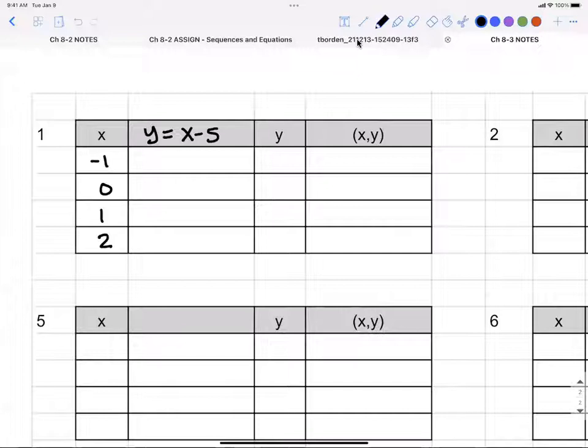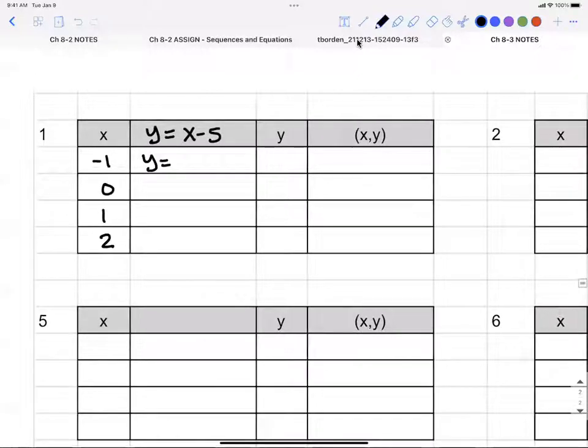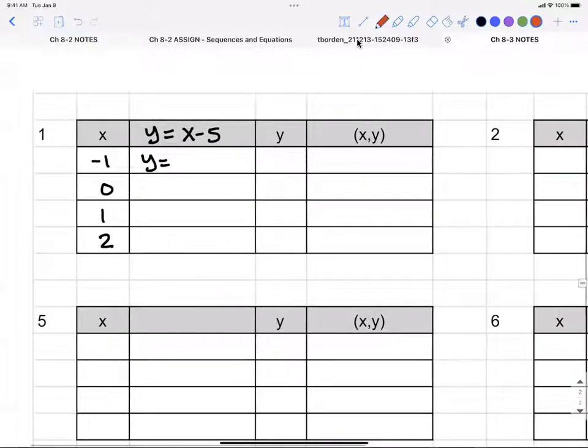Because whatever you pick as your x or your ingredients, we're going to put that into the equation. We're going to run it through the PEMDAS machine, and it's going to spit out a y, and that's going to give us an ordered pair that's on our graph. So for each one of these, we're going to put y equals, and in this line, we're going to put in place of the x our first chosen x, which was -1.